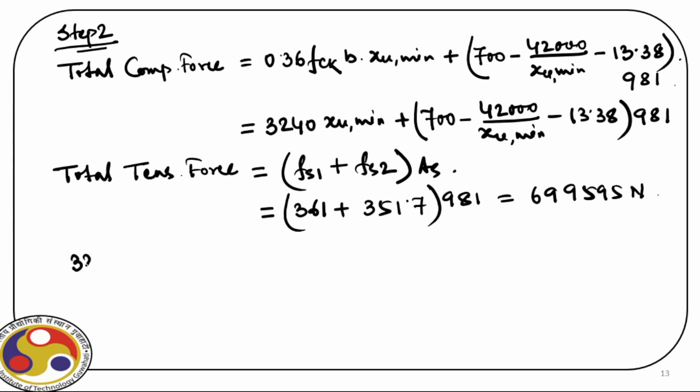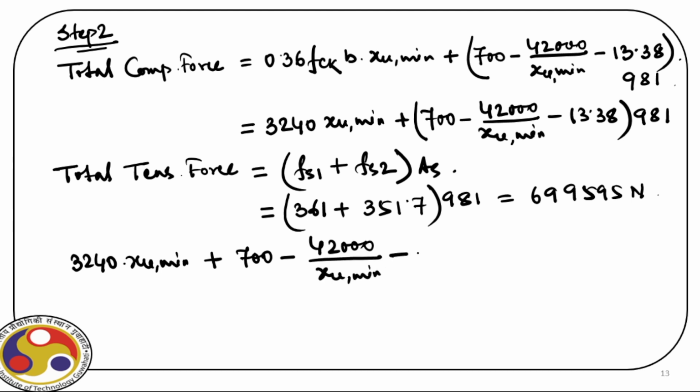So we have 3240 XU minimum plus (700 minus 42,000 divided by XU minimum) minus 13.38 times 981 is equal to 699,595.